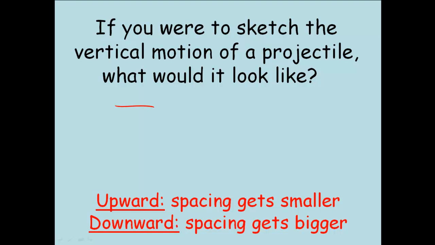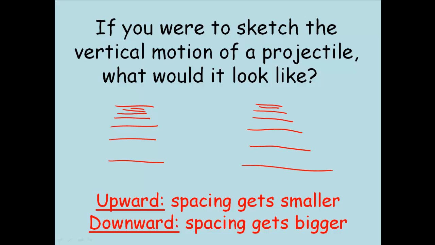If we were to sketch this, we start here, and then it's big, it's getting smaller and smaller and smaller. And on the way down, it looks identical. There's no difference. You couldn't tell one side from the other. Because here we're accelerating. And here we have, actually this is a negative acceleration, this is a positive acceleration, right? Up is positive, down is negative.